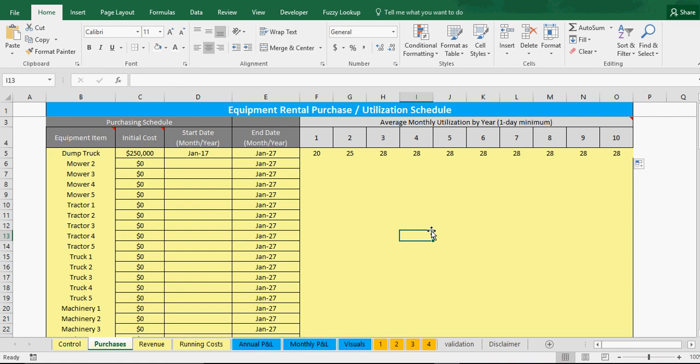Meaning it was basically utilized 95% of the time. Now that might not be the case. Whatever your research shows with your market and whatever knowledge you have, you might have different numbers in here, and that's fine. That was the whole reason why it was built like this, to give you complete control and dynamic functionality. Okay, so we've got our dump truck.